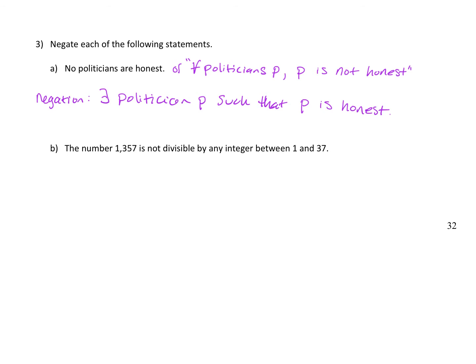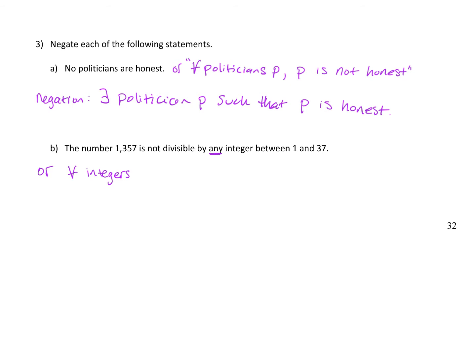And the next one, the number 1357 is not divisible by any integer between 1 and 37. Any is your clue that this is a universal statement. I'm going to rewrite this as for all integers, and let's name it with a variable, that'll make it a little bit easier.